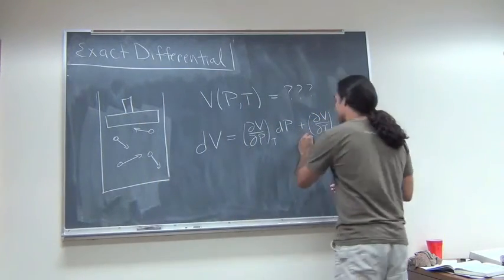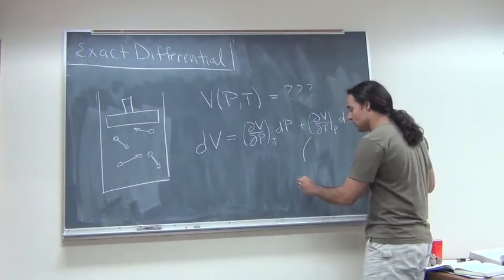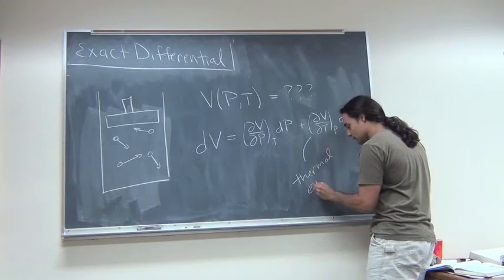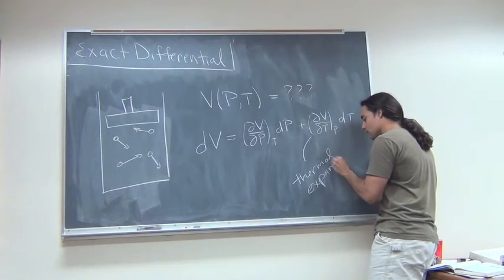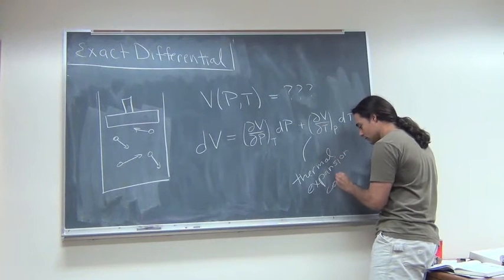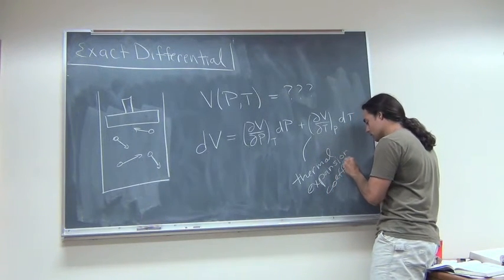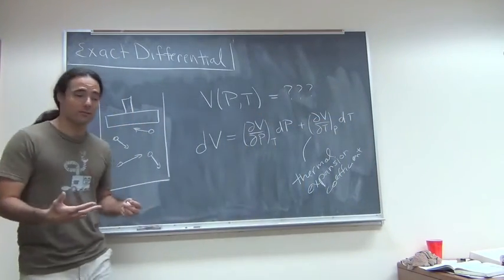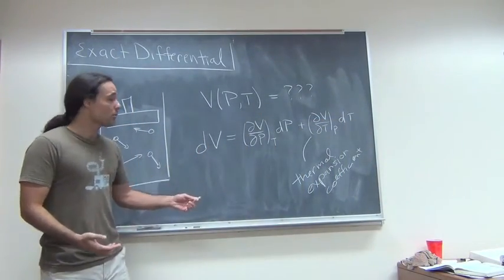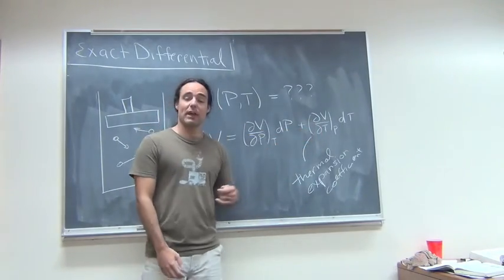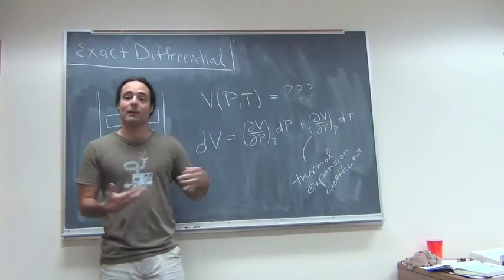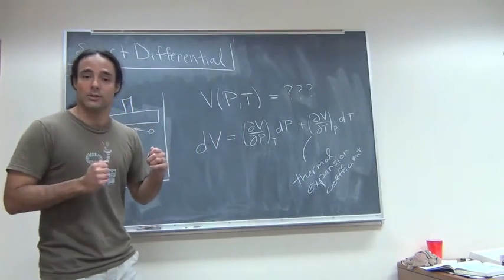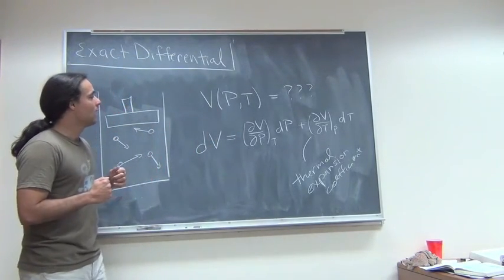We related how the volume changed to a thermal expansion coefficient. Right? That's something we can measure. So I can measure my thermal expansion coefficient and find what that partial derivative is. All it is telling me is how the volume changes as I change the temperature. It's exactly what a thermal expansion coefficient does.